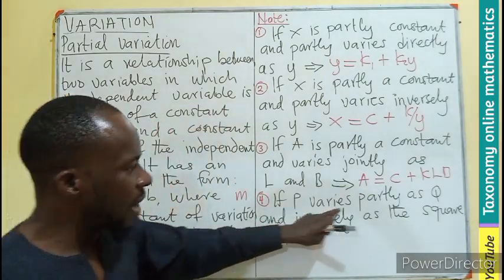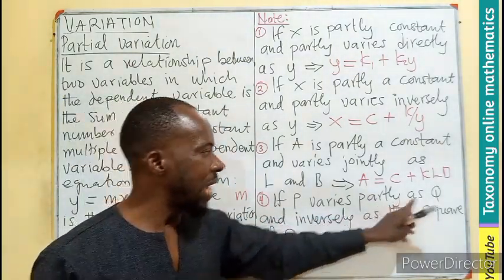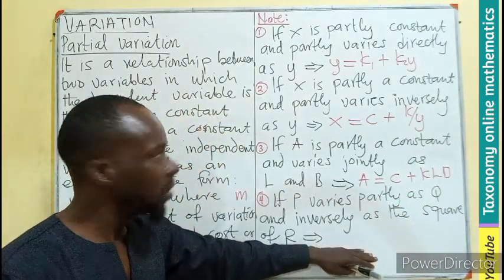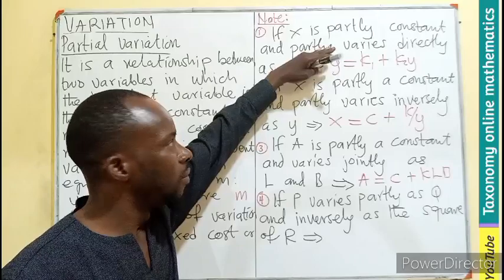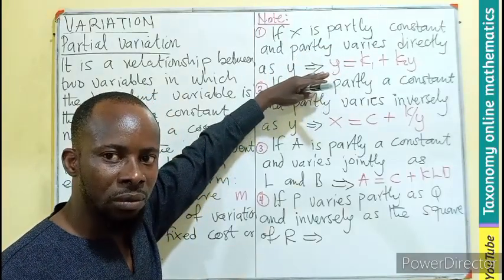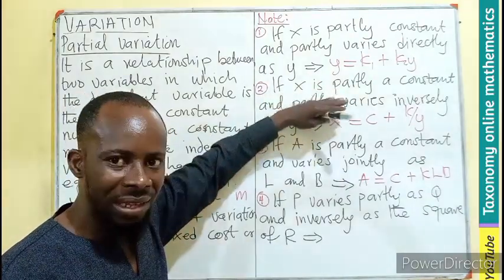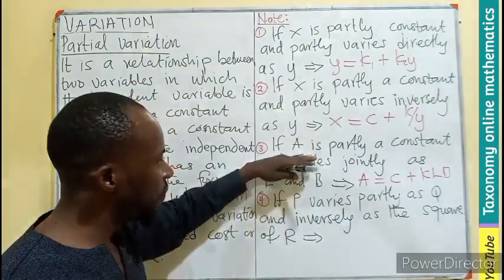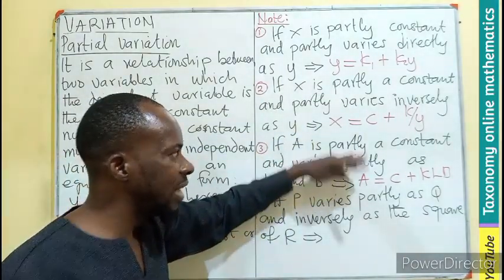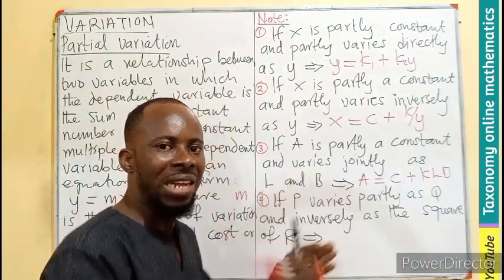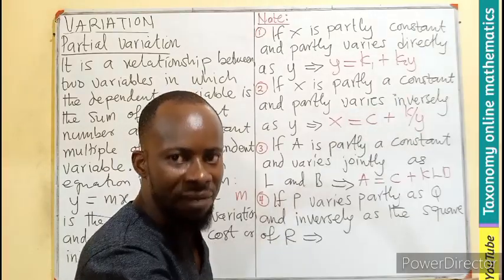If P varies partly as Q, this has a different connotation from here. All of them, if X varies partly as a constant, if A varies partly as a constant, we are beginning with the constant summation with other variables.